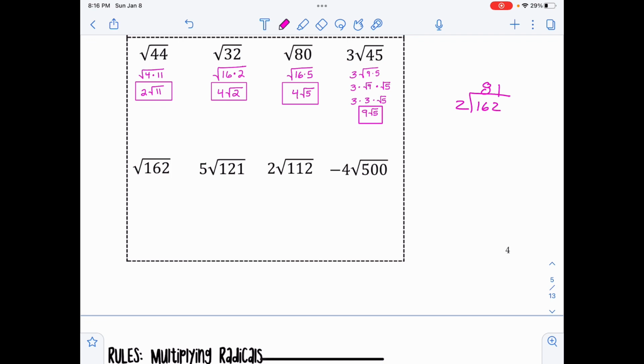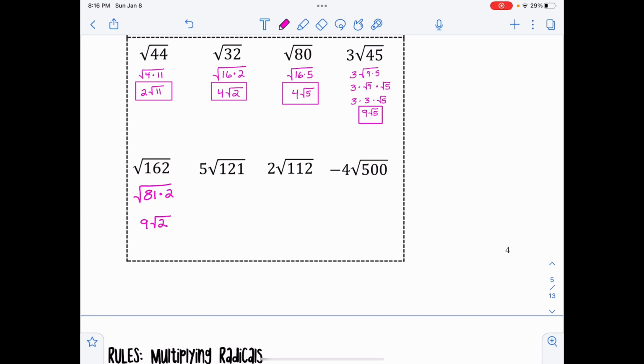81 is a perfect square. So I'm going to rewrite this as 81 times 2. And square root of 81 is 9.